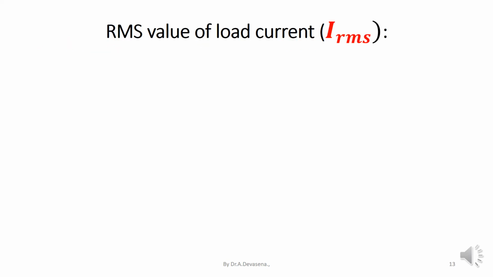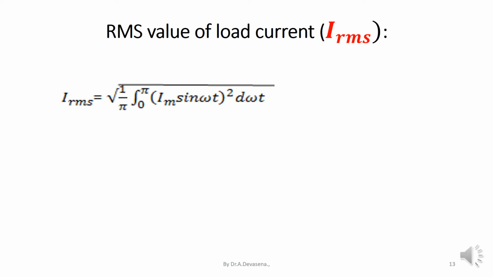Now we obtain the RMS value of the load current, IRMS. IRMS is equal to square root of 1 by pi integral of 0 to pi Im sin omega t the whole square d omega t.